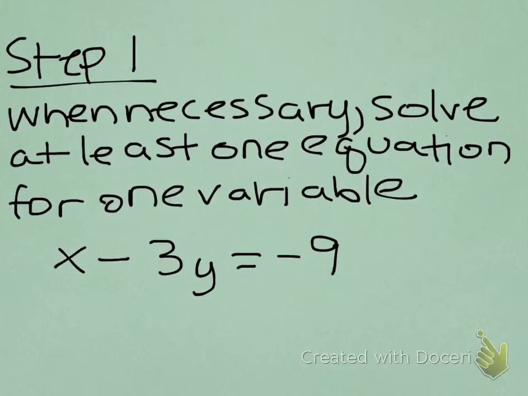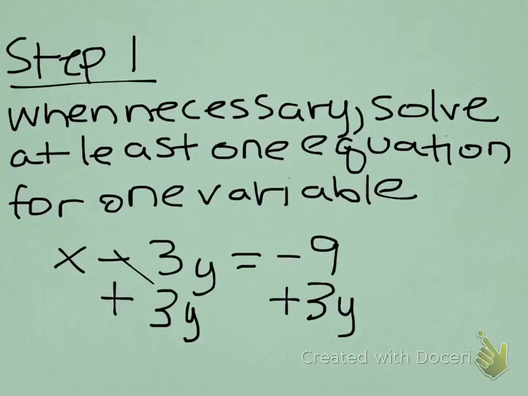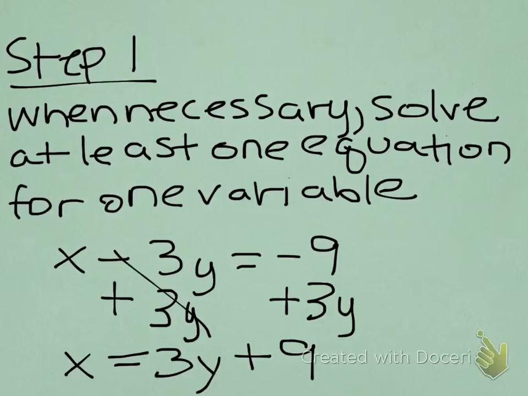In this case, I would choose to solve for x, since it's already by itself in terms of the number next to it. And all I'd have to do to get it completely by itself on the left side is to move the 3y over to the other side. And now I've done step 1.